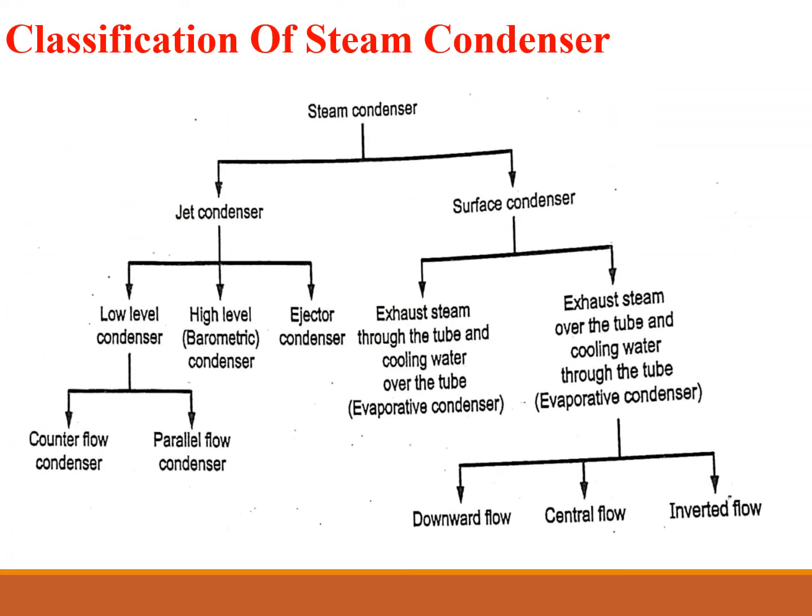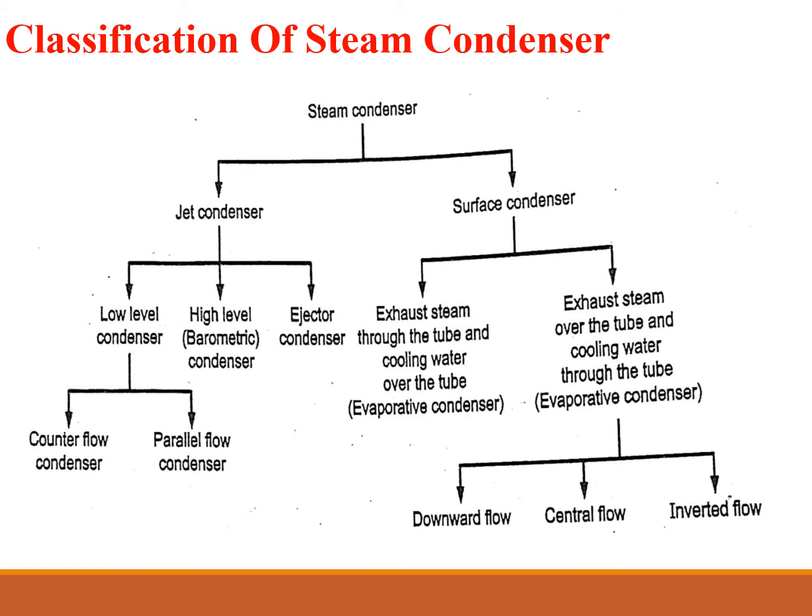Classification of steam condenser. Steam condensers are jet condenser and surface condenser. Jet condensers are low level condenser, high level condenser and injector condenser. Low level condensers are counter flow condenser and parallel flow condenser.